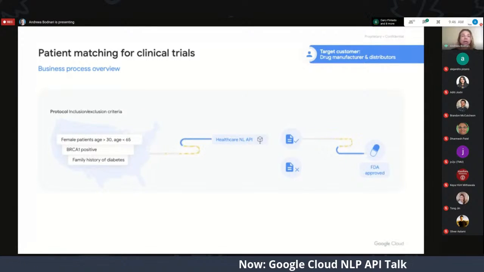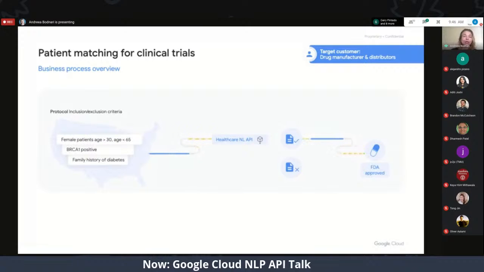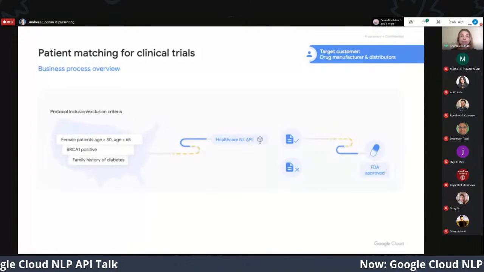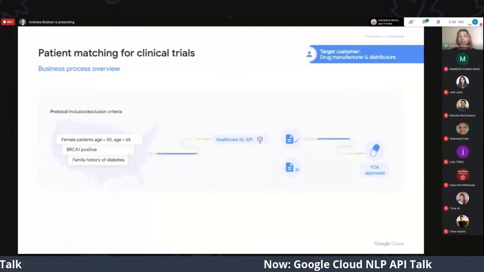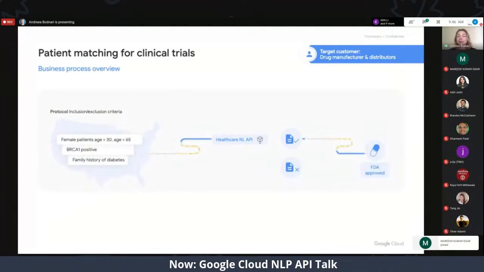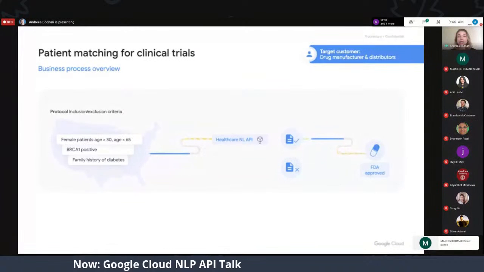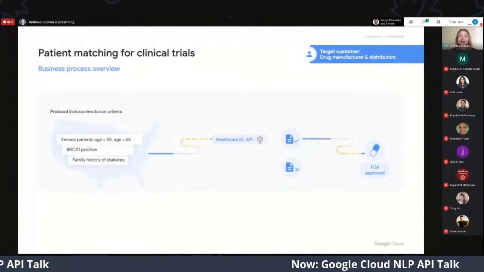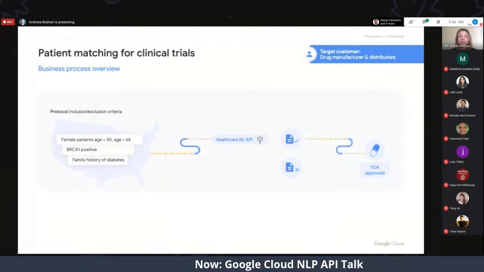And right now, a large portion of this matching work is done manually. This manual work doesn't scale, and humans are not the experts at covering information holistically.